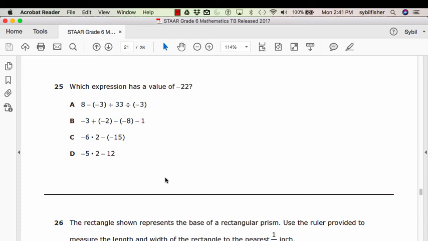B, negative 3 plus (2 negative 2) minus (negative 8) minus 1. Or C, negative 62 negative 6 times 2 minus negative 15. Or D, negative 5 times 2 minus 12.